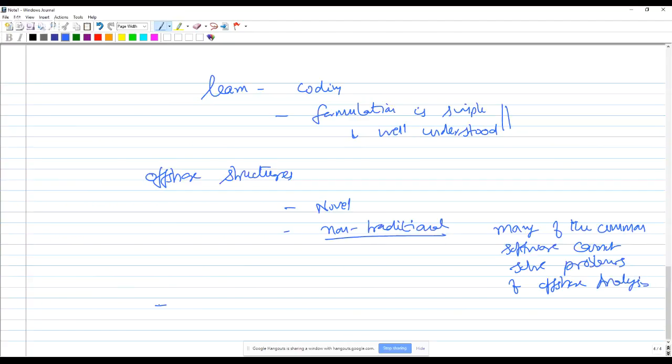For example, if you're looking for a new type of platform geometry, which we explain in other courses of NPTEL.